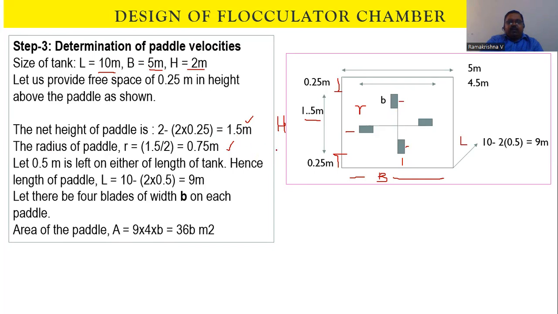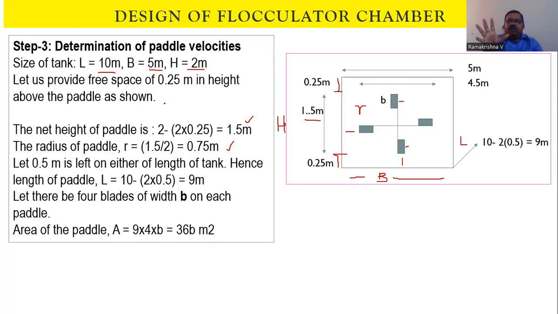Now, what about the other dimension here? You can see 0.5 meters is left on either side along the length of the tank, we are leaving 0.25, 0.5, 0.5. So the length of the tank is 10 meters, leaving 0.5 meters this side and 0.5 meters that side.